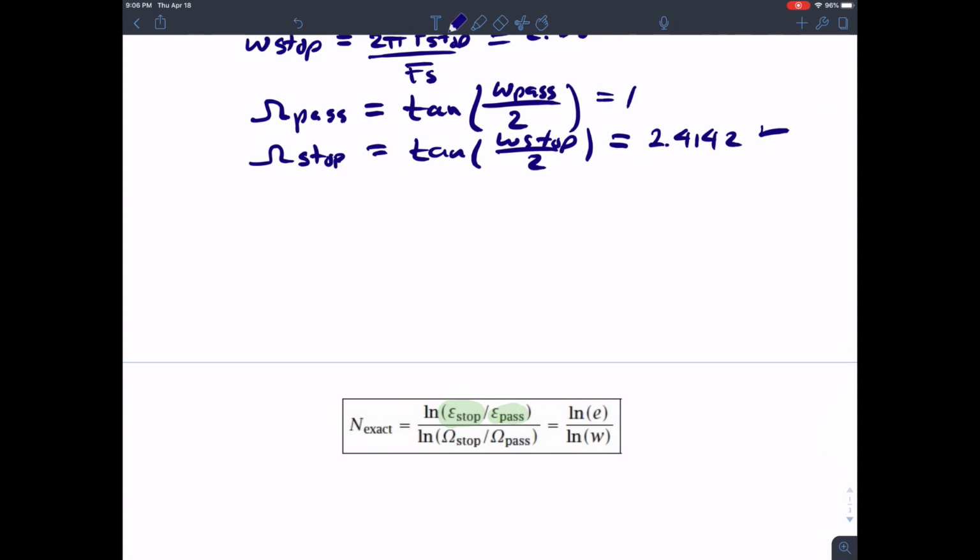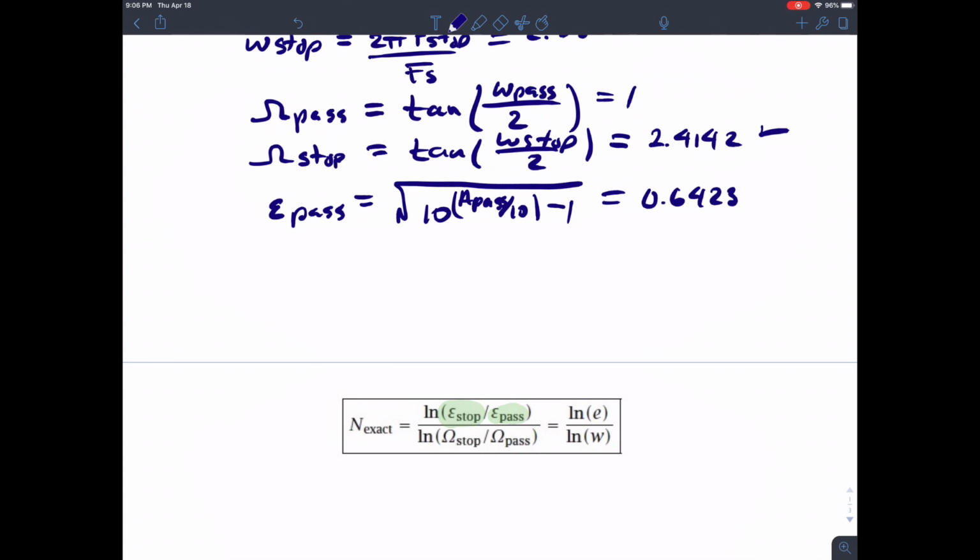Writing that down, epsilon pass is the square root of 10 to the a pass over 10, minus 1. When I calculate epsilon pass, I get 0.6423. Then for epsilon stop, I get the square root of 10 to the a stop over 10, where a stop is 35, minus 1.